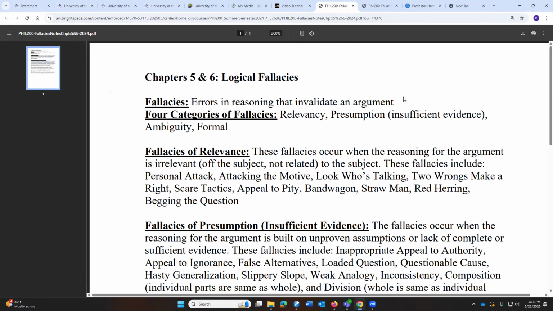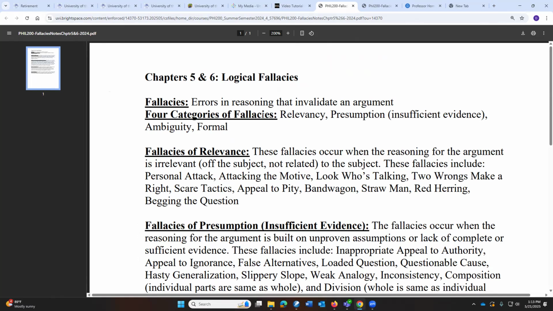We're going to spend most of our time on just two of the categories of fallacies today. The book itself does not neatly put them into the categories, but we're going to talk about them from that perspective first.